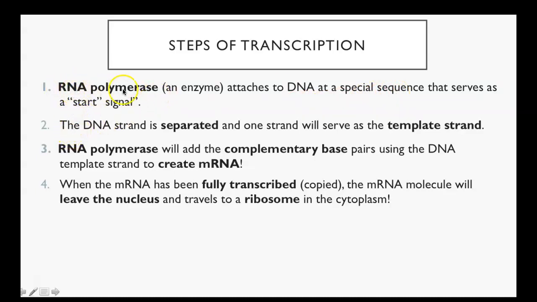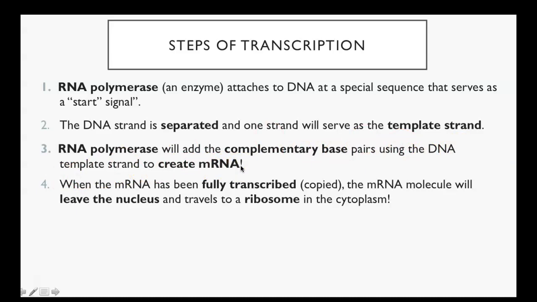Notice that it's not DNA polymerase, it's RNA polymerase. So step one, RNA polymerase attaches to DNA at a special sequence that serves as a starting signal. The DNA strand is then separated by RNA polymerase, and one strand will serve as the template strand. RNA polymerase will then add the complementary bases using the DNA template strand to create mRNA.